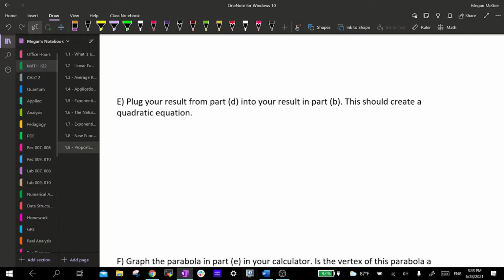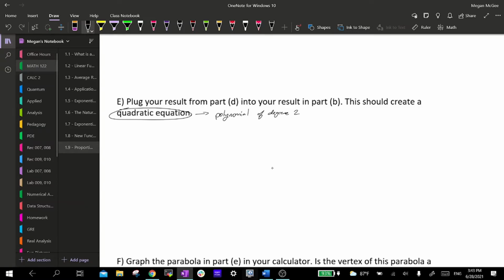Part E. We need to plug our result in from part D into our result from part B. This should create a quadratic equation. And we just learned that a quadratic equation is a polynomial of degree 2, right?